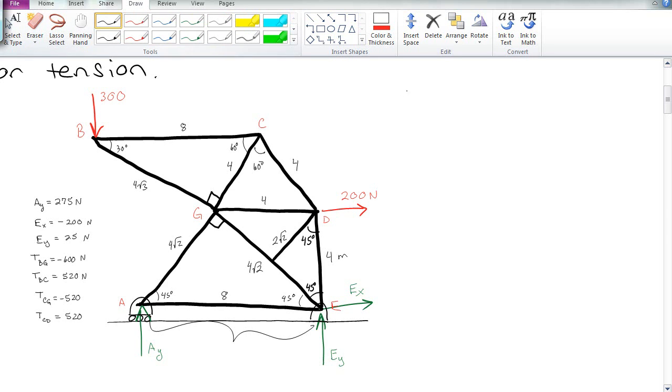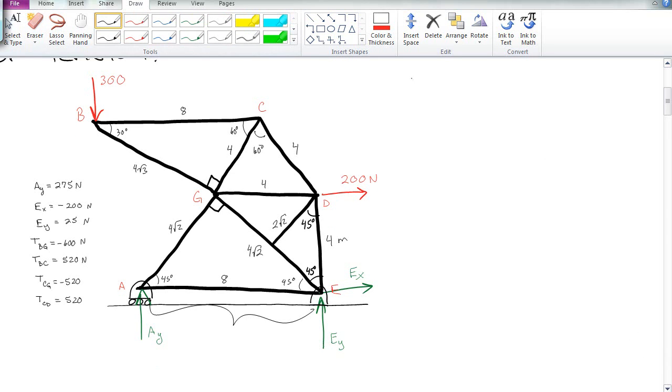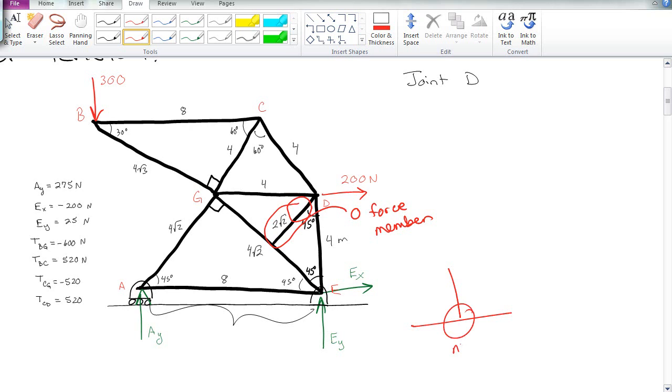Let's say we're next going to approach joint D. So now we're going to look at joint D. Now hopefully as you've taken a look at this, you might recognize that right here we've actually got a zero force member. And it's a zero force member because it's intersecting something else, and there's no external forces on that joint.